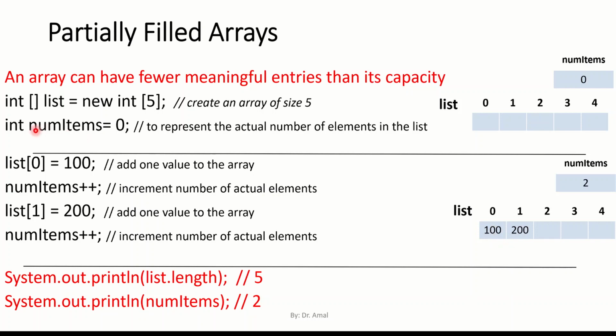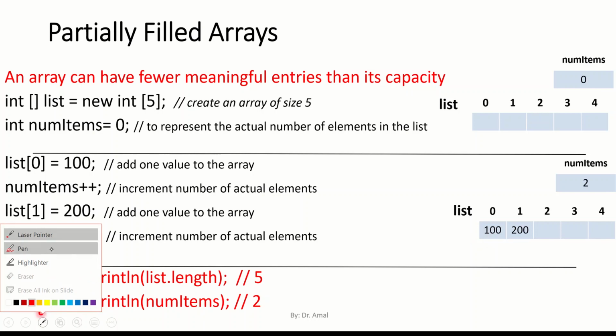From the beginning, if I have a statement saying System.out.println(numberOfItems), it will print 0, because at the beginning the array has no elements. If you have only one item and you print numberOfItems, it will print 1.